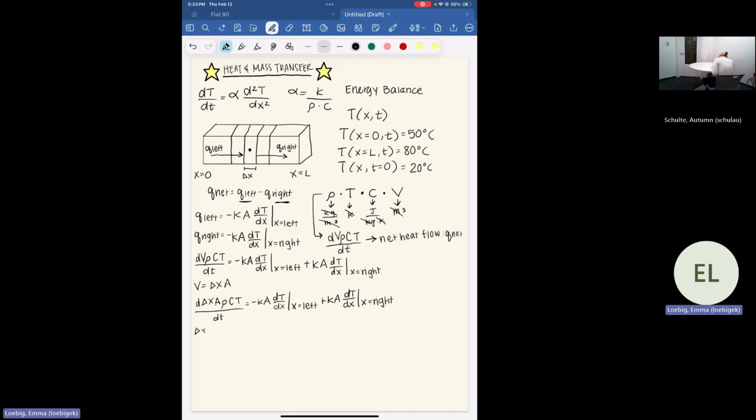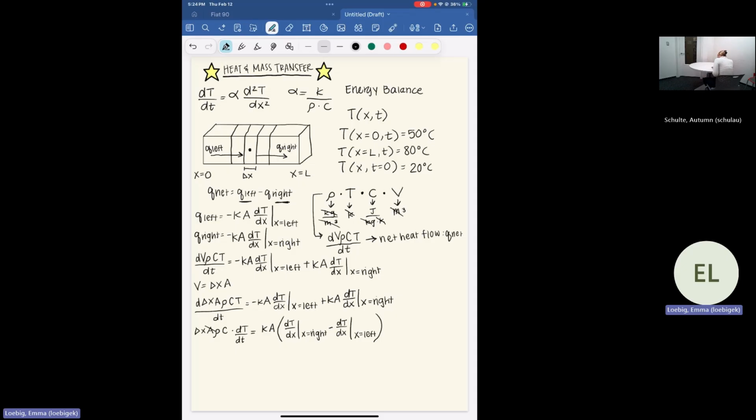We'll have delta x times our area times our density and heat capacity multiplied by the change in temperature with respect to time equal to our thermal conductivity multiplied by area multiplied by the change in temperature with respect to position evaluated at x from the right, minus our change in temperature with respect to position evaluated at x from the left.